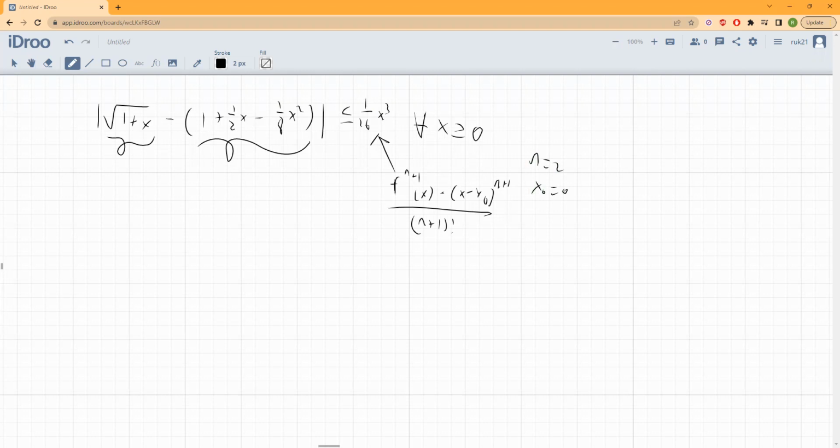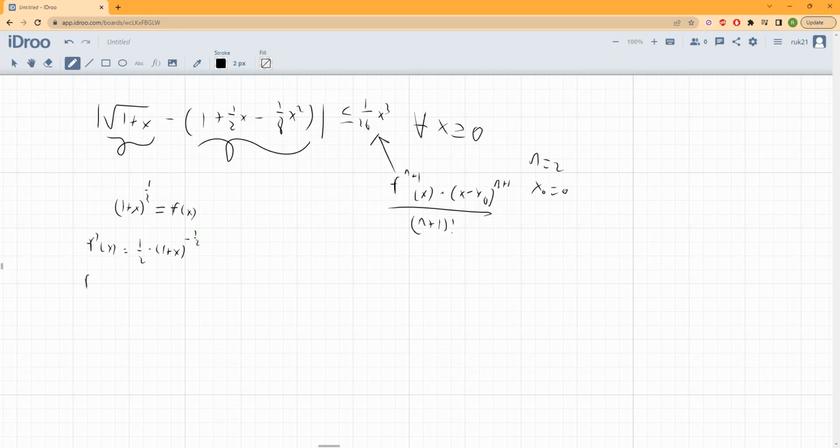So let's do it. We have 1 plus x to the power of 1 over 2. The reason I'm writing it like this is because it's easier to then take the derivatives. So 1 plus x to the power of 1 over 2 is our f of x. Then f prime of x is equal to 1/2 times 1 plus x to the power of negative 1 over 2.